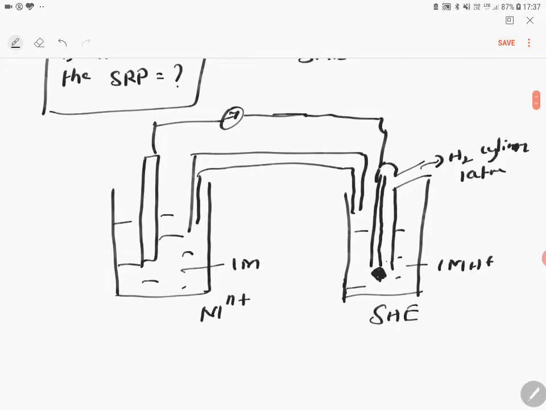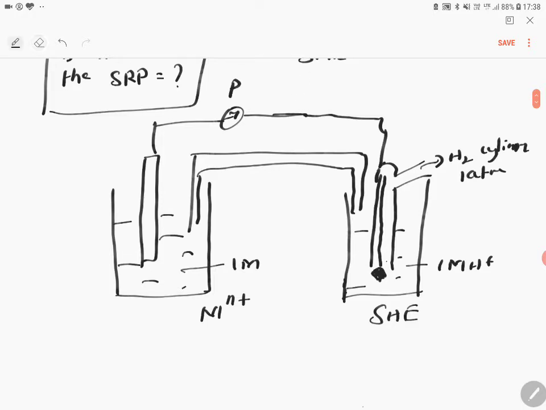Now supposing the direction of flow of current is measured by potentiometer, where EMF also can be measured. Supposing the direction of flow of current is moving from this metal electrode to the SHE.